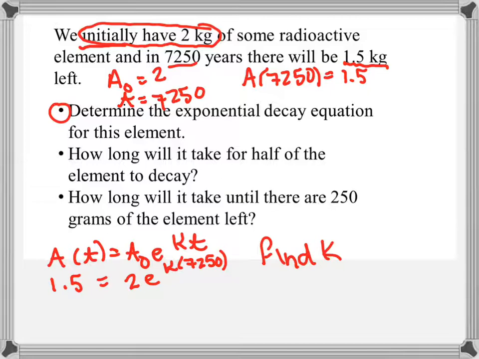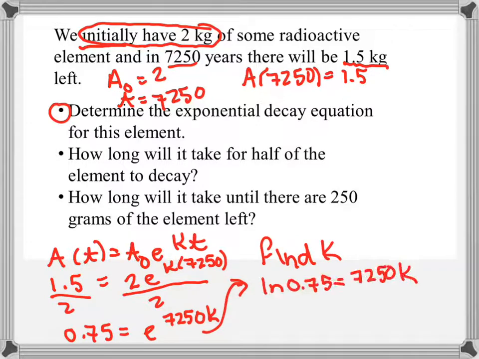Finding k, let's substitute in what we know. 1.5 equals 2 times e to the k times 7,250. Divide both sides by 2. 0.75 equals e to the 7,250 k. Rewriting this in log form, the natural log of 0.75 equals 7,250 k.